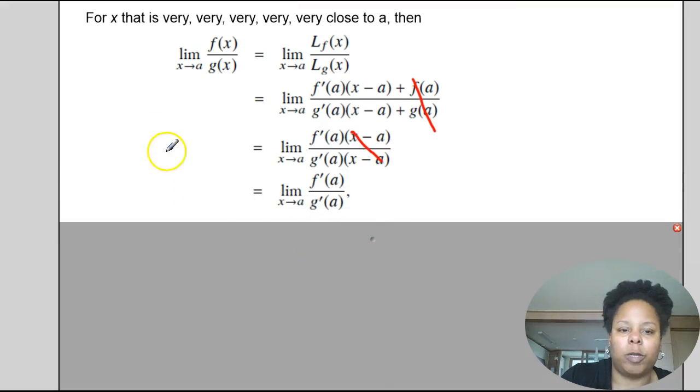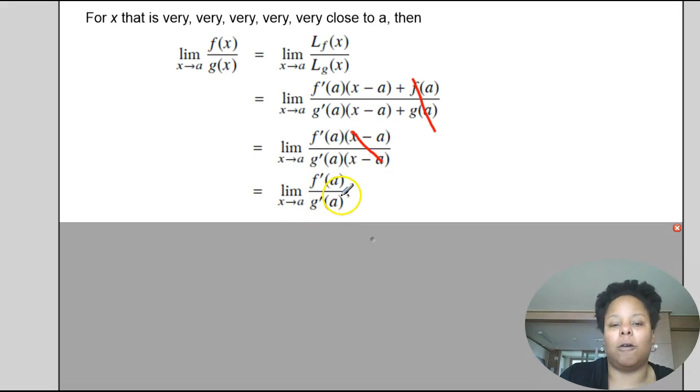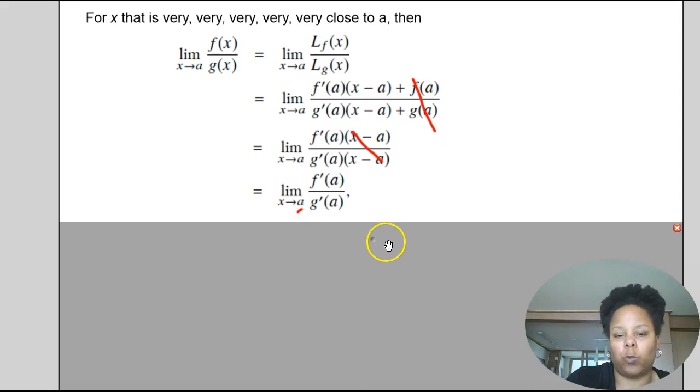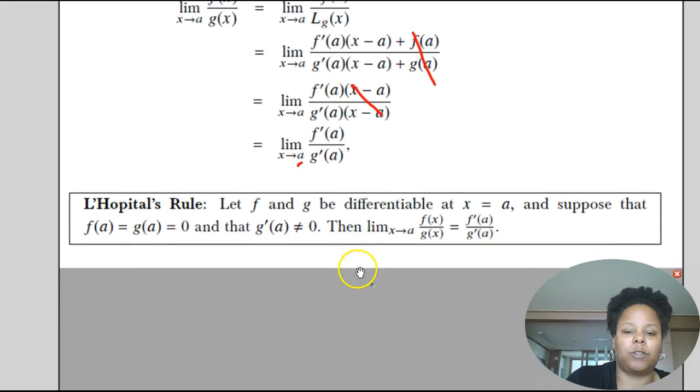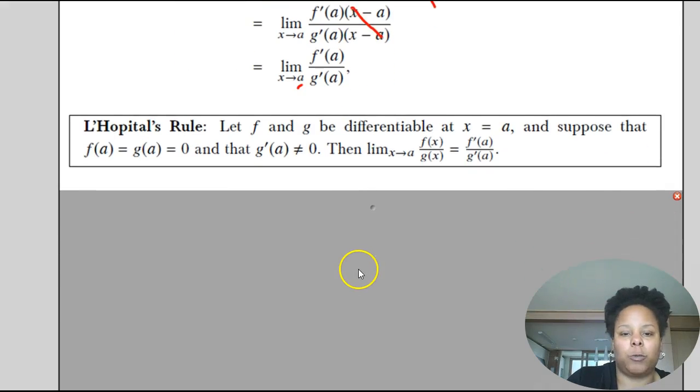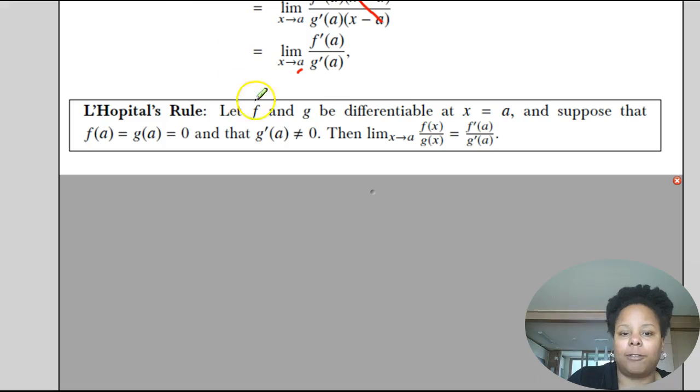Well, this is powerful because what this means is that the limit of the quotient of these two functions is equal to the limit of the quotient of the derivatives of those functions evaluated at that point A. And this is what is referred to as L'Hopital's Rule. The conditions for L'Hopital's Rule are the same conditions we talked about. f and g have to be differentiable at that point, x equals A, and f of A and g of A must equal 0.